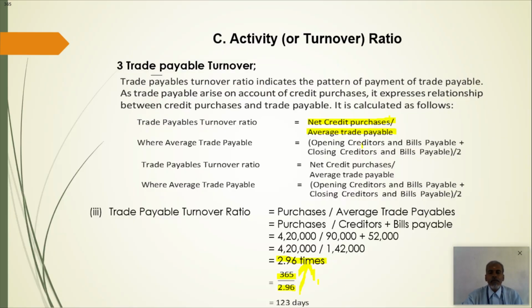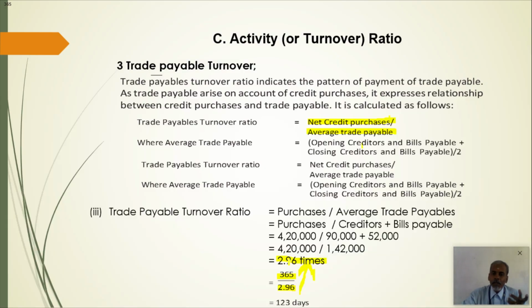So it is very clear that in a year, just around 3 times we have paid. It means for every 4 months we have paid the creditors. 3 times a year means you just divide 12 by 3, we will get 4 months.